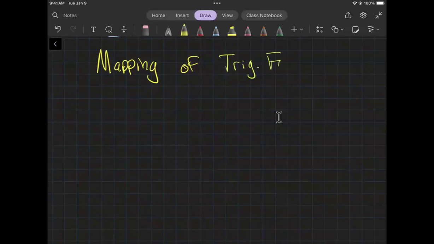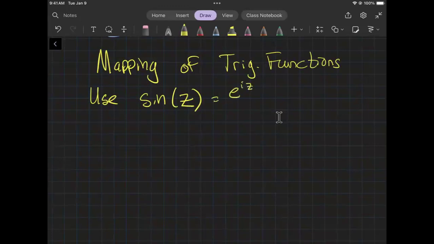Okay, so I'm going to use sine of z in this example, but this process will be the same for finding the mappings for cosine of z. So sine of z by definition is e to the iz minus e to the minus iz divided by 2i, right?